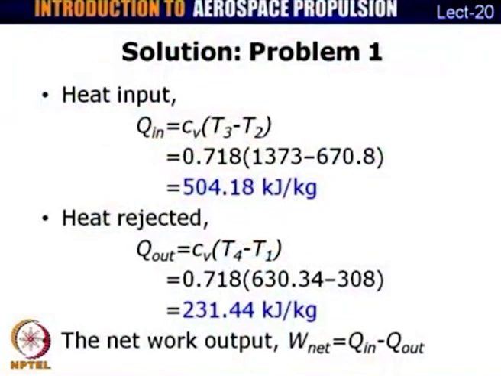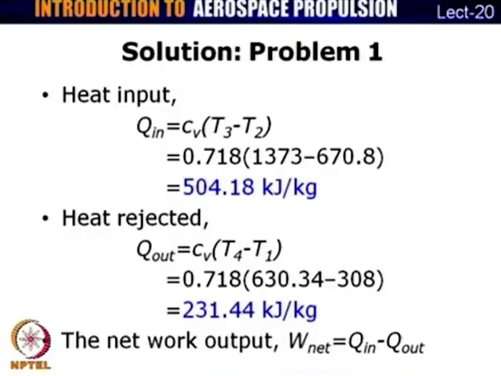So, if we substitute for T3, T2 and Cv, we get heat input as 0.718 into 1373 minus 670.8, that is 504.18 kilojoules per kilogram. So, this was the heat input to the cycle.